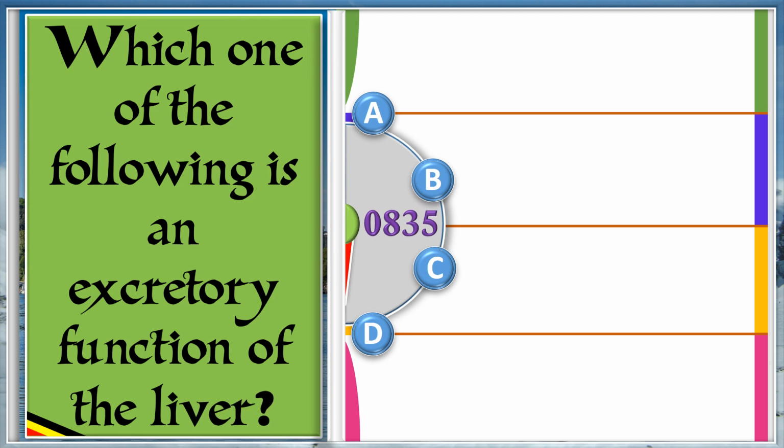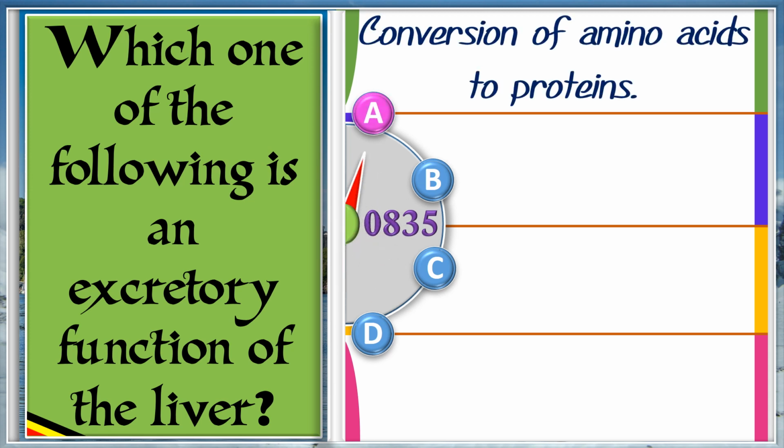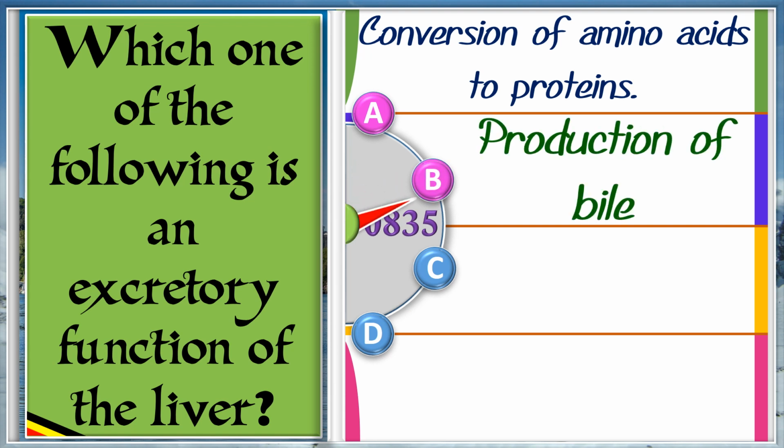Which one of the following is an excretory function of the liver? A, conversion of amino acids to proteins. B, production of bile.